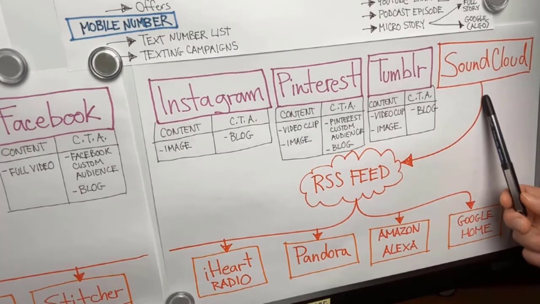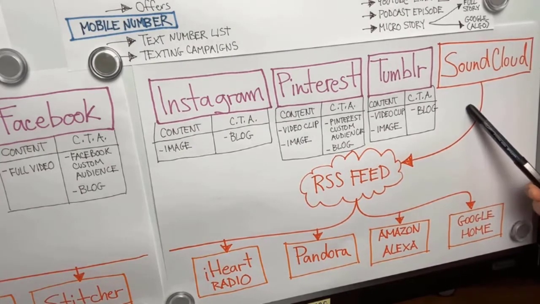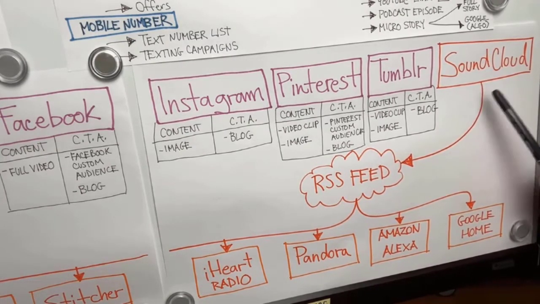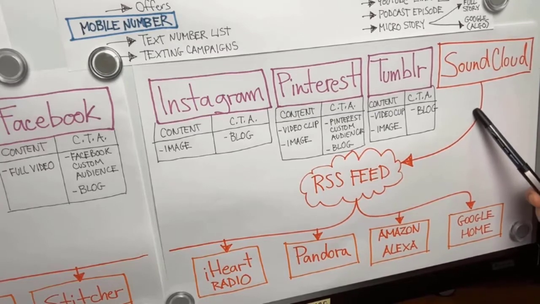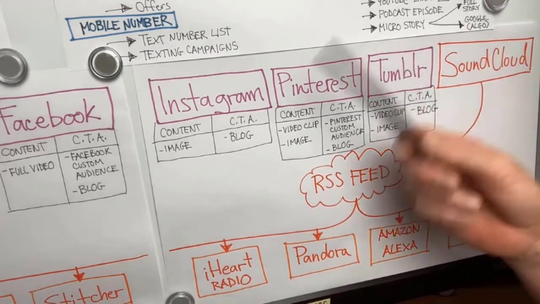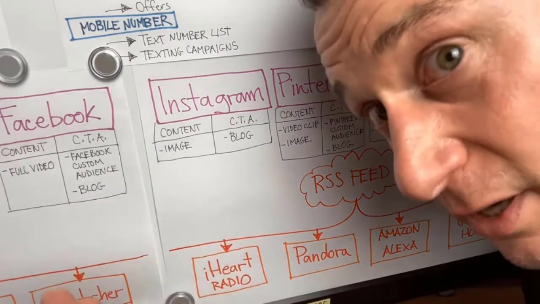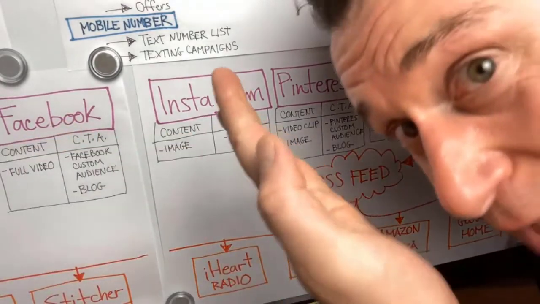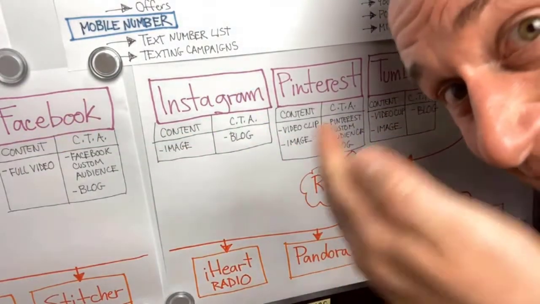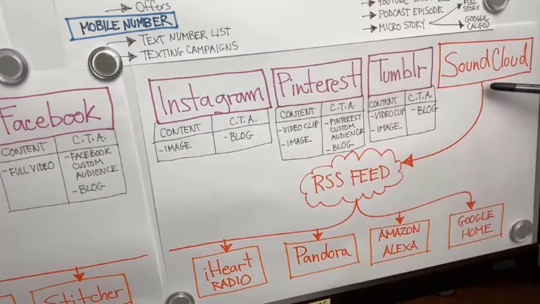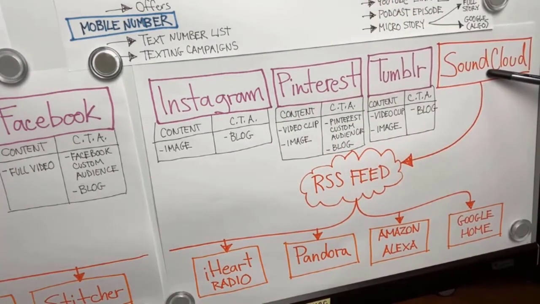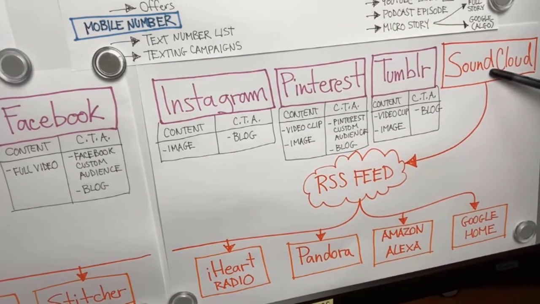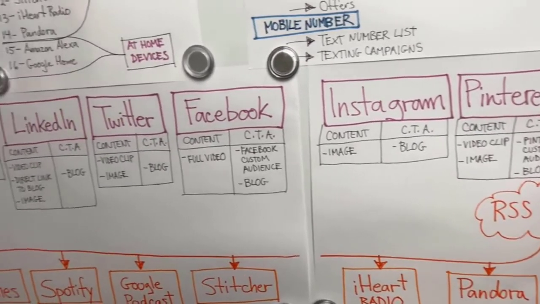Next, for the SoundCloud, it's very easy. All we do is we upload your sound file. And for that, all I do is I strip the sound off of my content video. I just strip off the sound and there's my podcast episode in WAV format. As soon as I upload it to SoundCloud, it syndicates it to the following platforms.